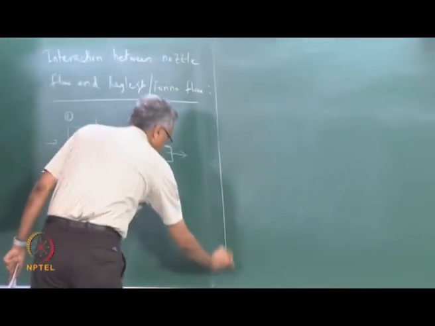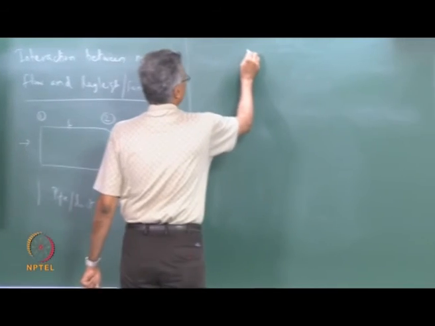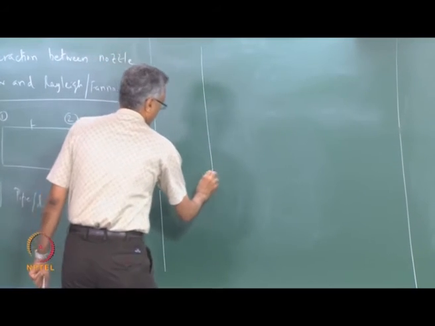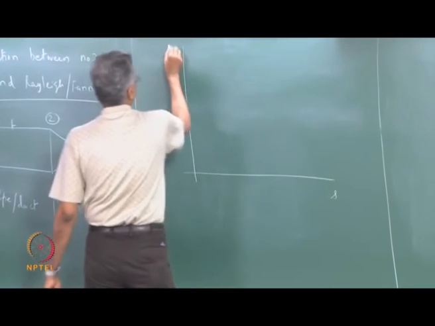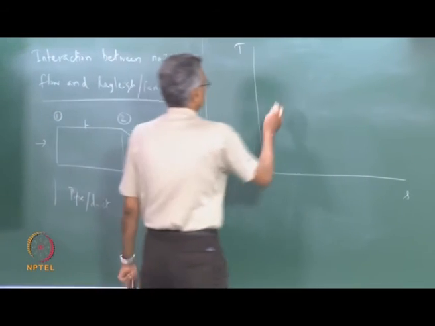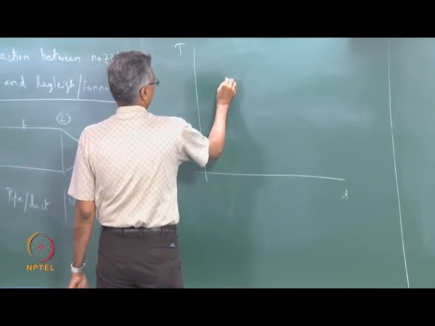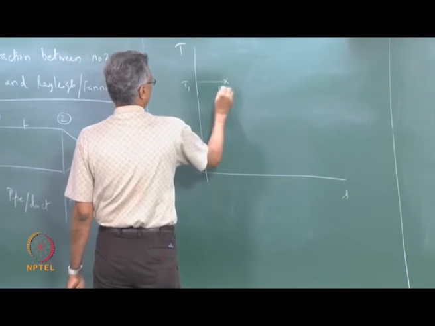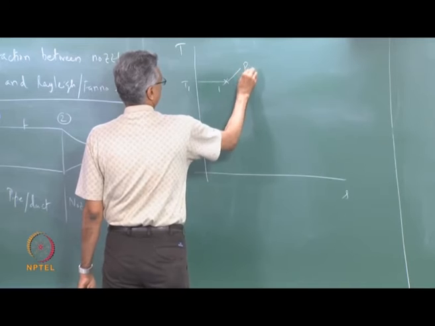If this is the case, then I can sketch the process from 1 to 2 to throat the following way on a TS diagram. So, if this is the TS diagram, let us say this is my state 1. So, this is T1 and this is P1.